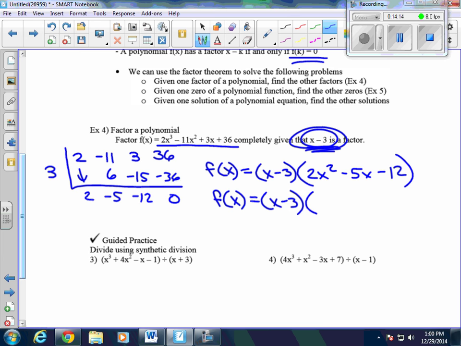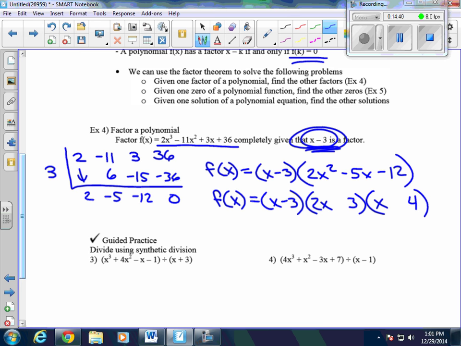So we have to look, can we factor 2x squared minus 5x minus 12? And the answer is yes. And once again, we need to remember how to factor. We have 2x and an x. Factors of 12 are either 1 and 12, 2 and 6, or 3 and 4. And we have to try to decide which one is going to get us to that negative 5 in the middle. So let's try 4 and 3.